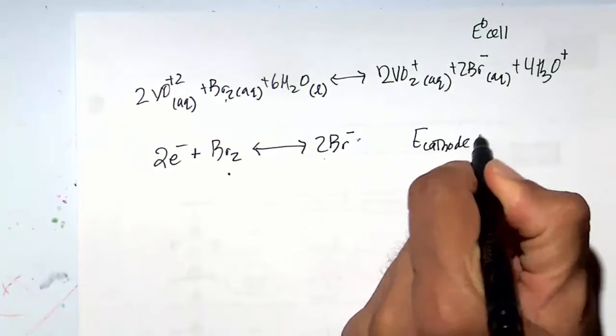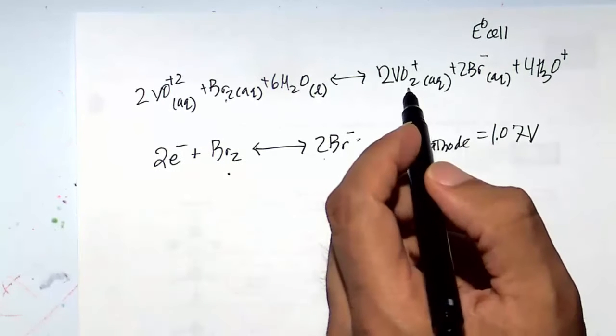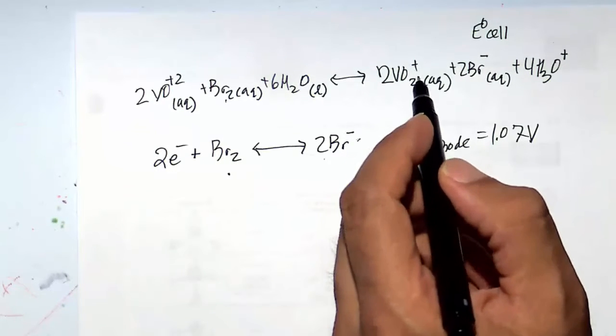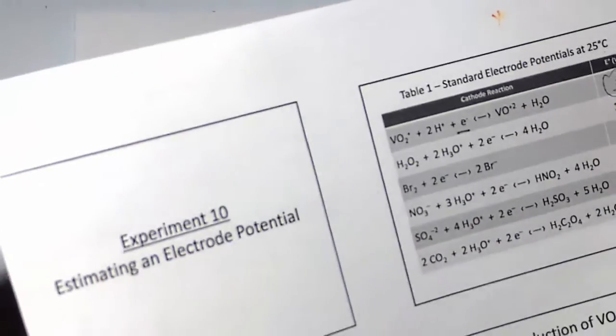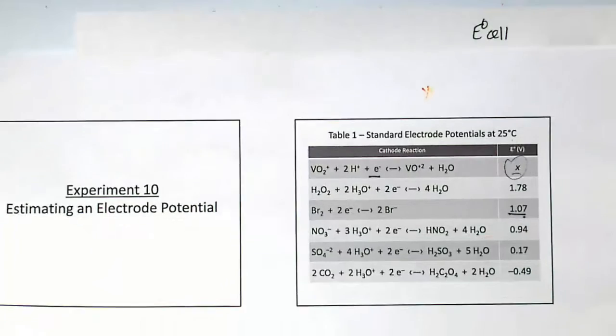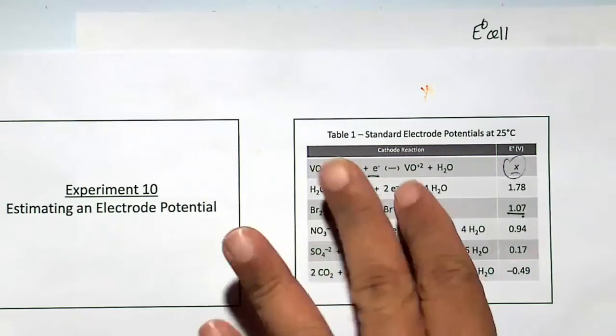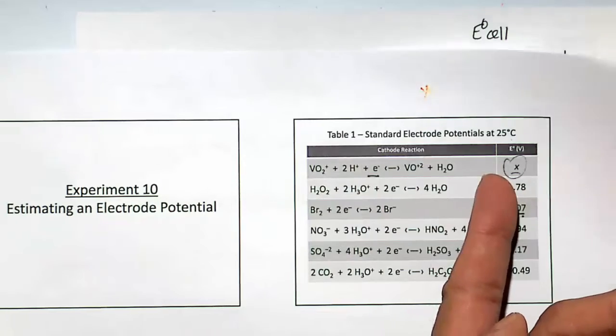We'll call that 1.07 volts, which means that VO+2 going to 2VO2+ has to be an anode, because a cathode will react with an anode. But you can see here this X is a cathode reaction, so we'll flip it. When we flip it, this becomes a minus X. Okay, so let's flip this reaction.